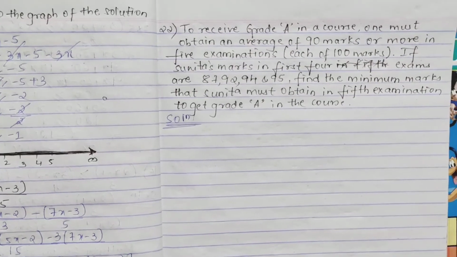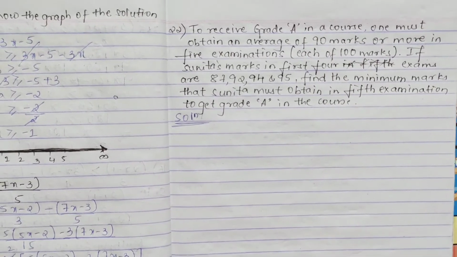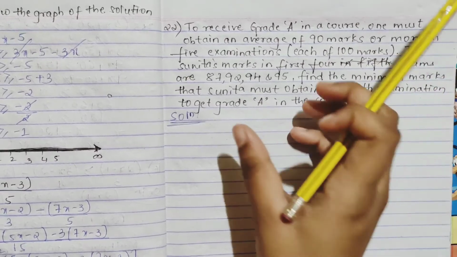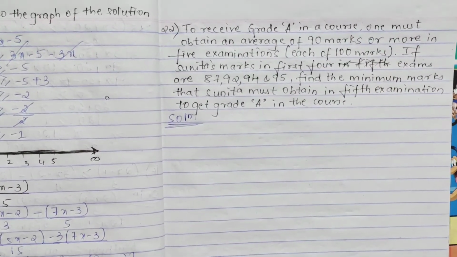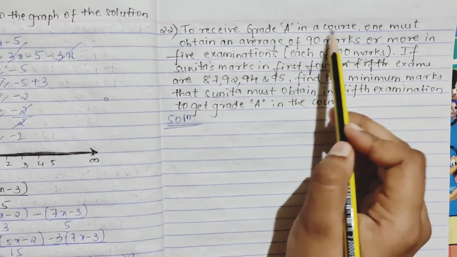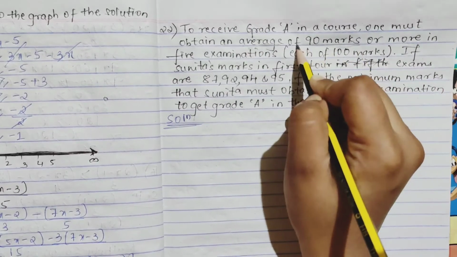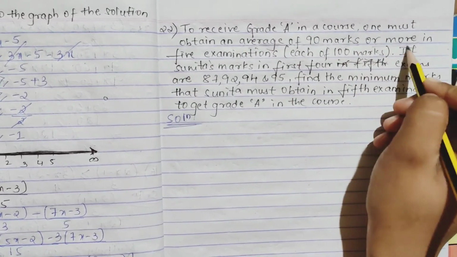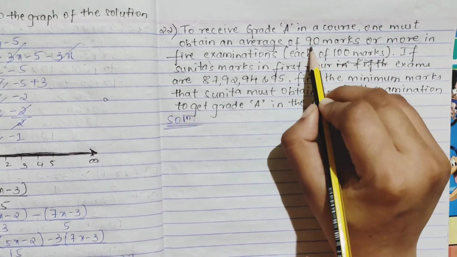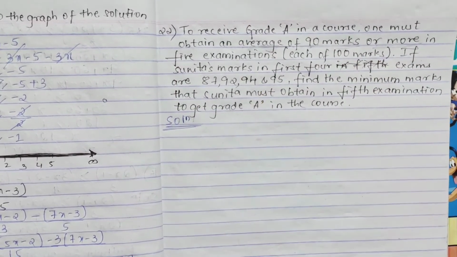So next question, 22nd. Till now they had given you the inequality directly and you were solving. Now they have given it in a sentence. From here you have to make your inequality and then solve it. To receive grade A in a course, one must obtain an average of 90 marks or more, which means it should be equal to 90 or more than 90, in 5 examinations, each of 100 marks.